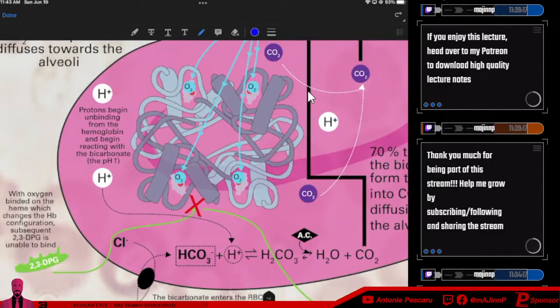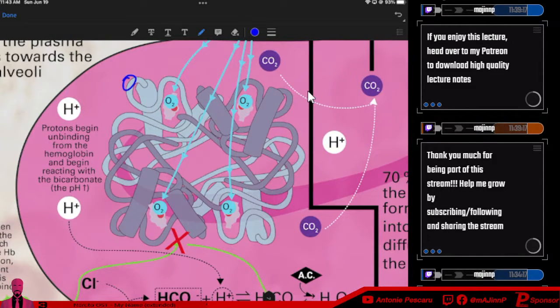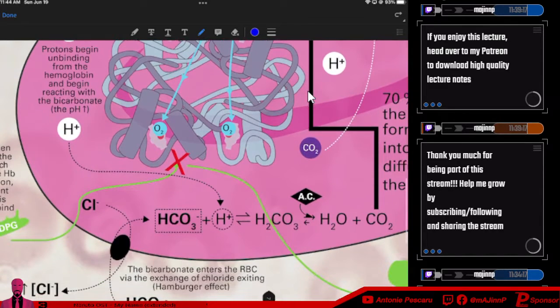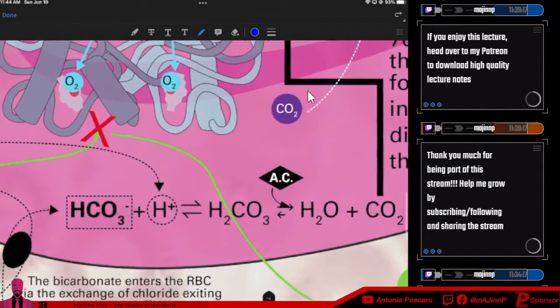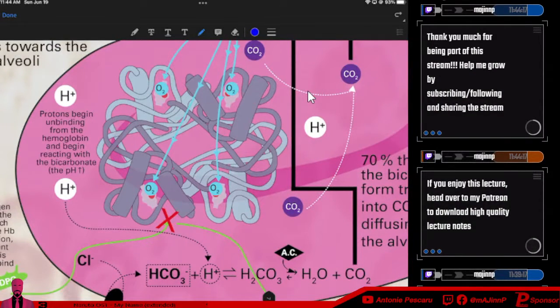Now, before going a little further, I want to explain that on the globin group you also have positive protons that contribute to the pH, but these contribute to lowering the pH. Once HCO3 comes inside of the red blood cell, these protons are attracted to the HCO3, and they combine to create H2CO3. And when that happens, it also increases the pH to a more alkaline state.